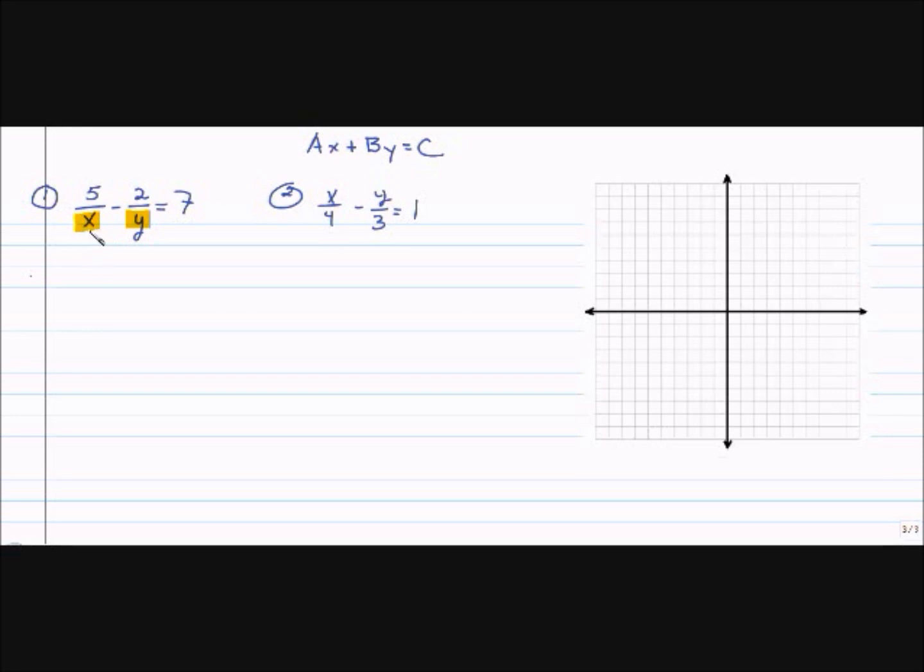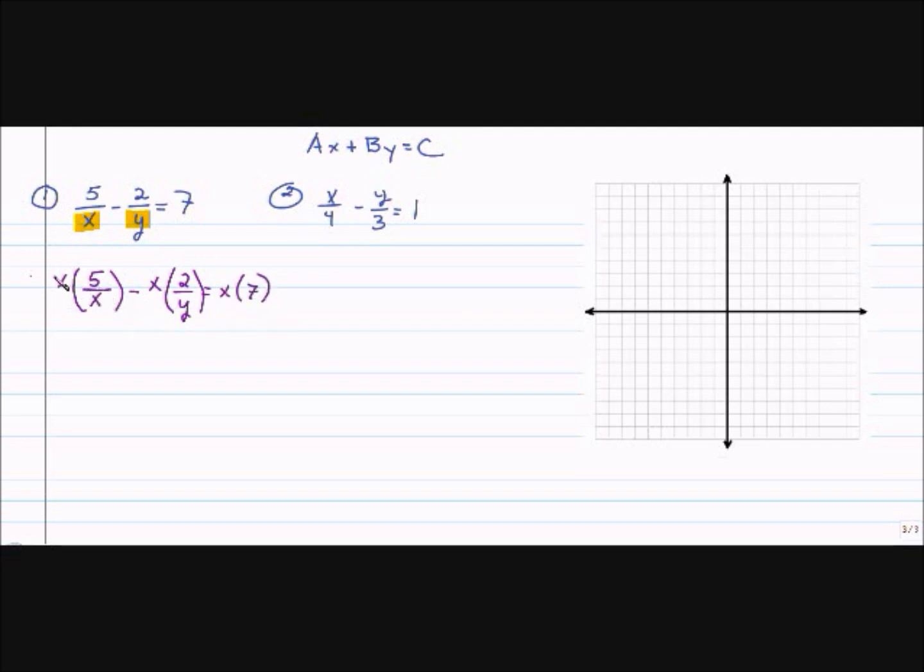In order to remove the x from the denominator, I'm going to multiply everything by x: minus x times 2 over y equals x times 7.